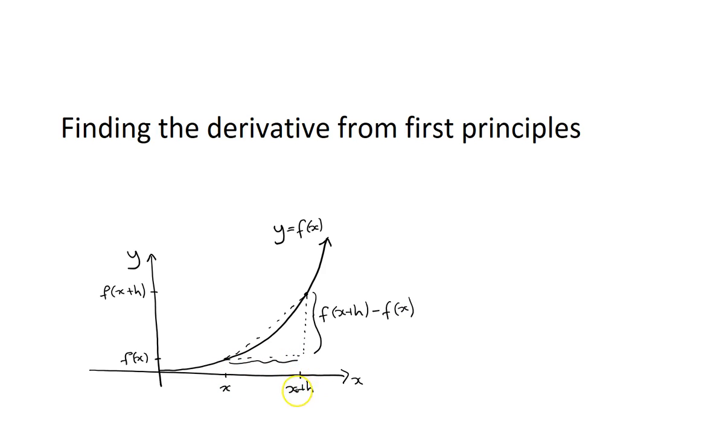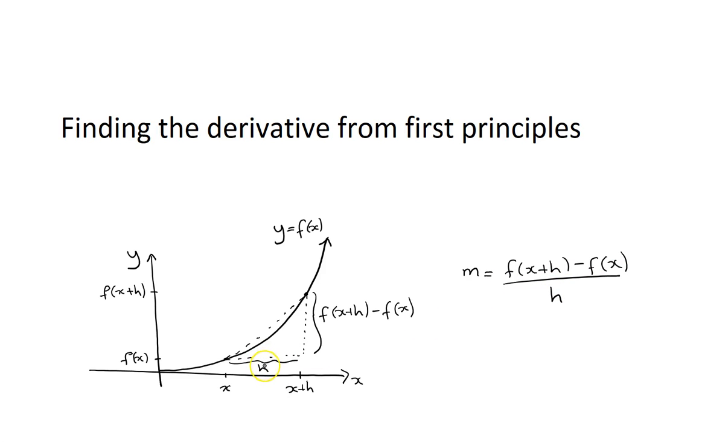So it's going to be x plus h minus x, which is simply h. So I can write down our formula for gradient being rise over run. m is our symbol for gradient. Our rise is f of x plus h minus f of x, all divided by our run, which is h.